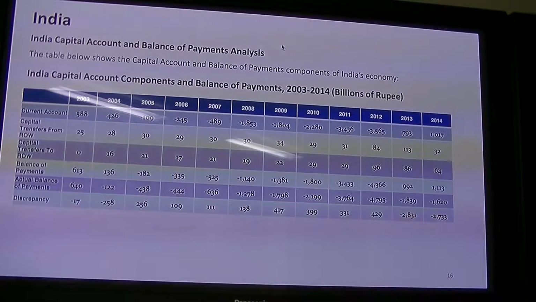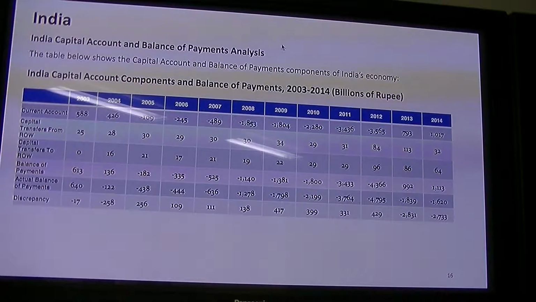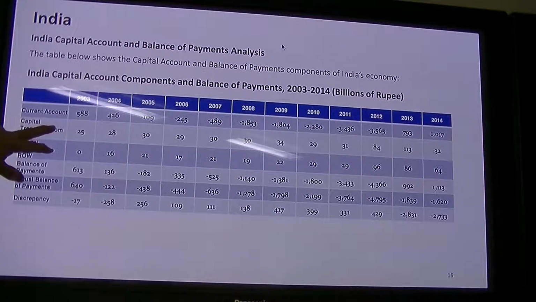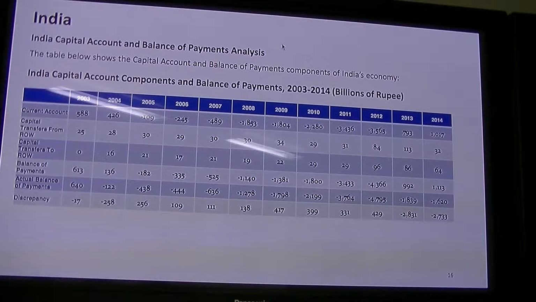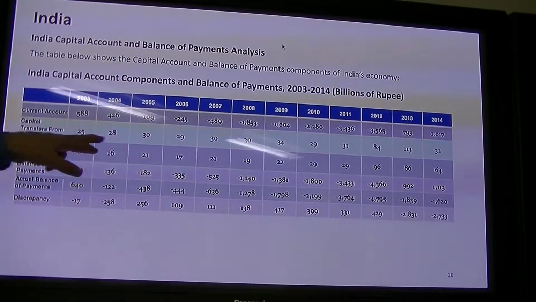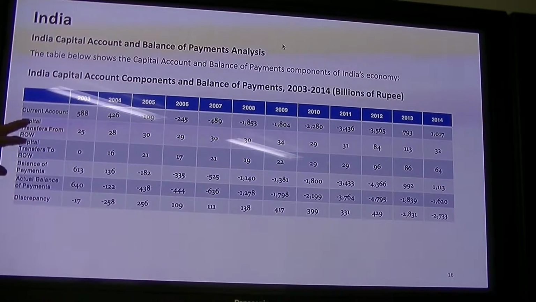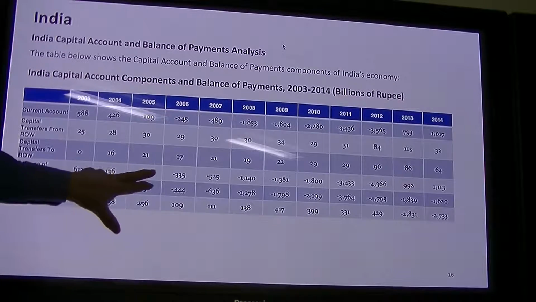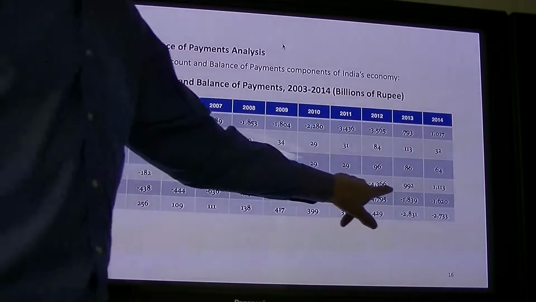So here's what I did. Now I took the current account and got the capital account, and you can see the capital transfers in India, and this is true for a lot of countries, are not very big. So the balance of payments figures, and this is what I calculated here.